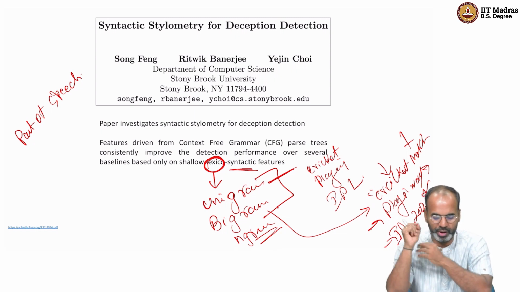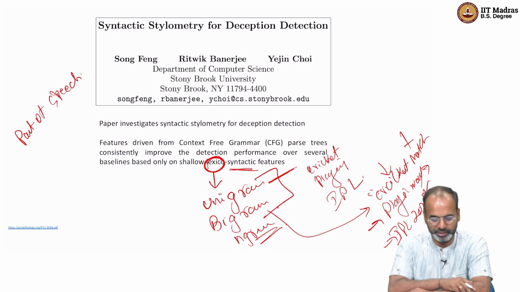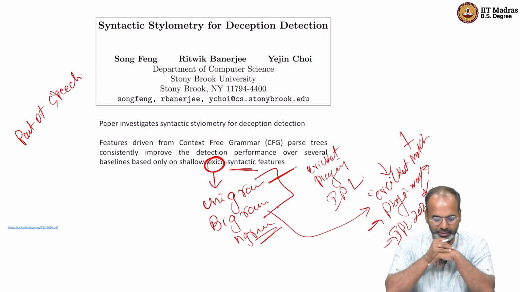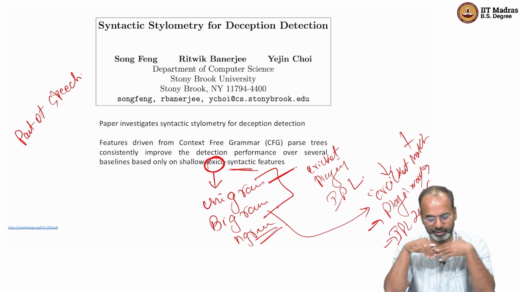Features derived from the context-free grammar parse trees, which represent the content in some tree structure, consistently improve the detection performance over several baseline methods that rely only on shallow lexico-syntactic features.